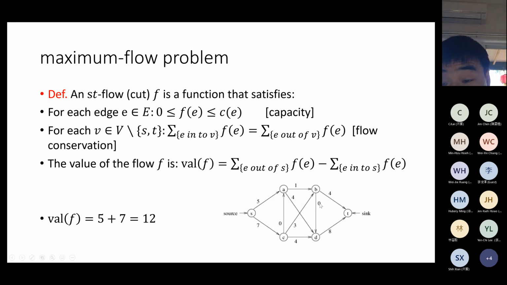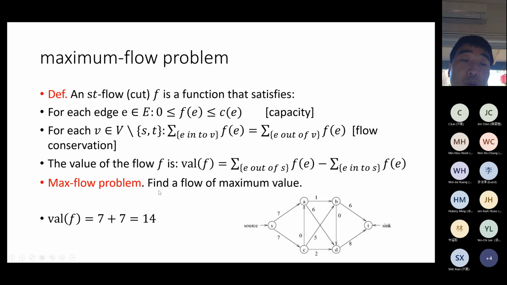I think this 0 should be 1. The value of the flow f is the summation of f(E) such that E goes out of S, minus the summation of f(E) such that E goes into S. For this graph, there's nothing into S, so just out of S. So it's 12. If you assign this as 1, then you can see it's correct. This is the flow.